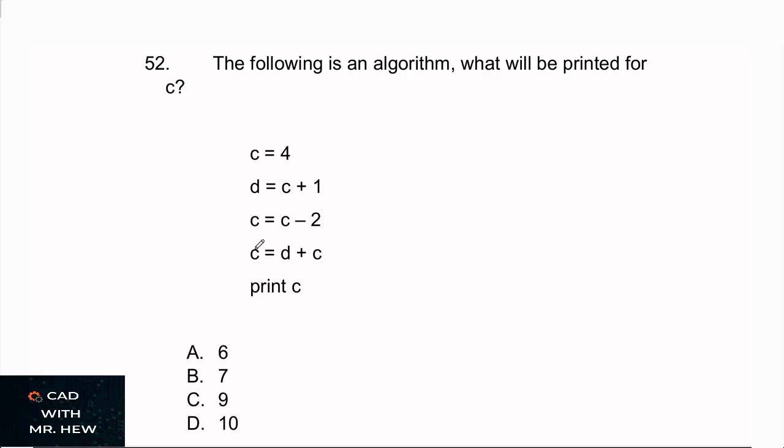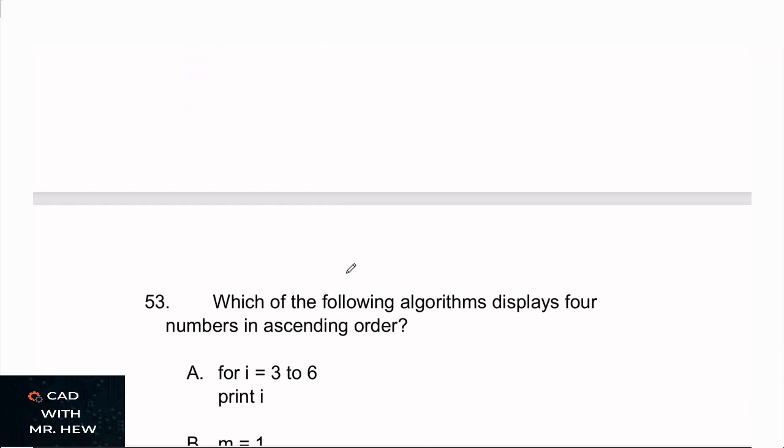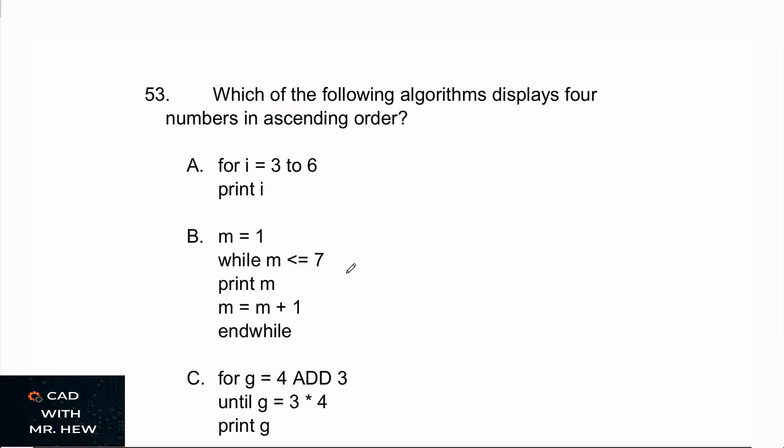The next statement is C is equal to D plus C. And then the final step in this question, print C. So the correct answer is, what answer did you get? 7, which is B. Okay, let us go to question 53.